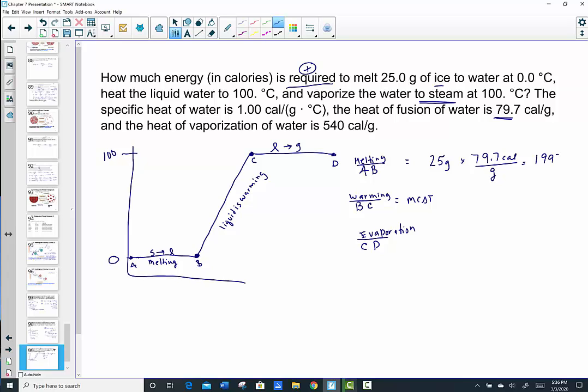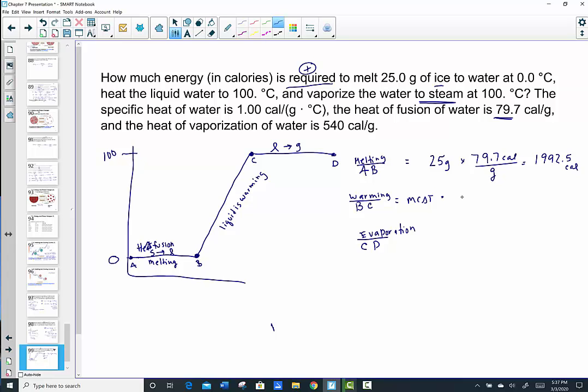And I think I'll leave all my decimals here until the very end and then consider sig figs at the end. So notice here, this was what we called heat of fusion. And that's where I got my value of 79.7.